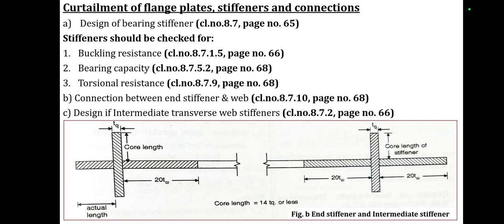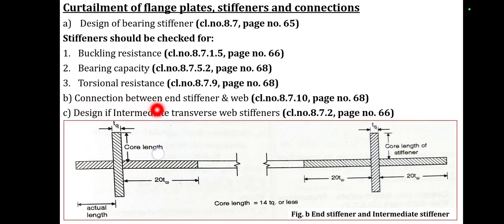Then the curtailment of the flanges, stiffeners and the connections. Number 1, the design of the web stiffeners is done from clause number 8.7, page number 65, and stiffeners should be checked for, number 1, buckling resistance, from clause number 8.7.1.5, page number 66. Second, the bearing capacity from clause number 8.7.5.2, page number 68. The torsional resistance is calculated from clause number 8.7.1.9, page number 68.